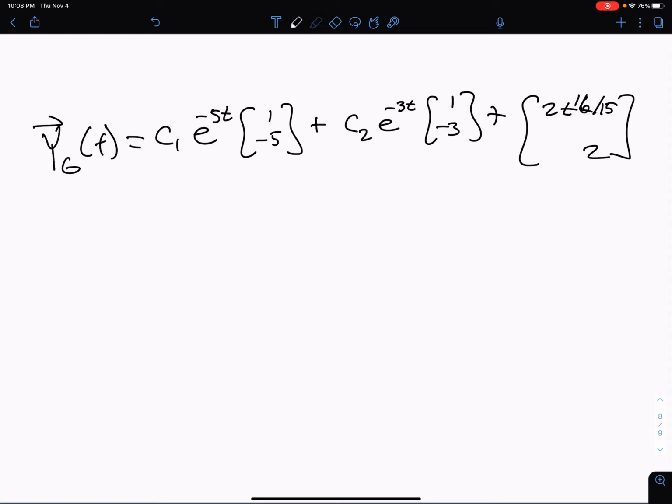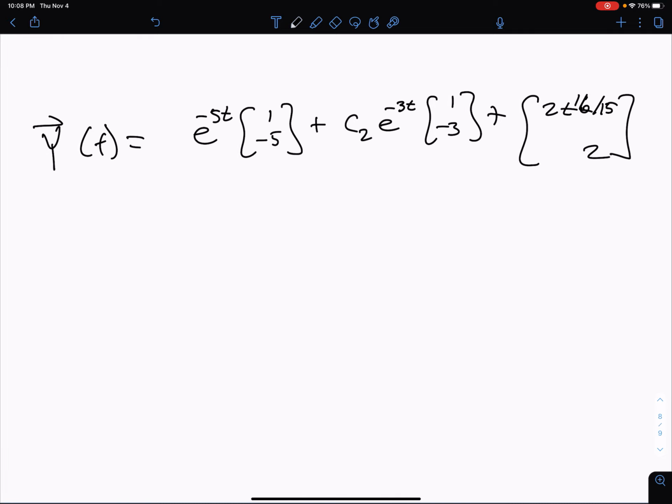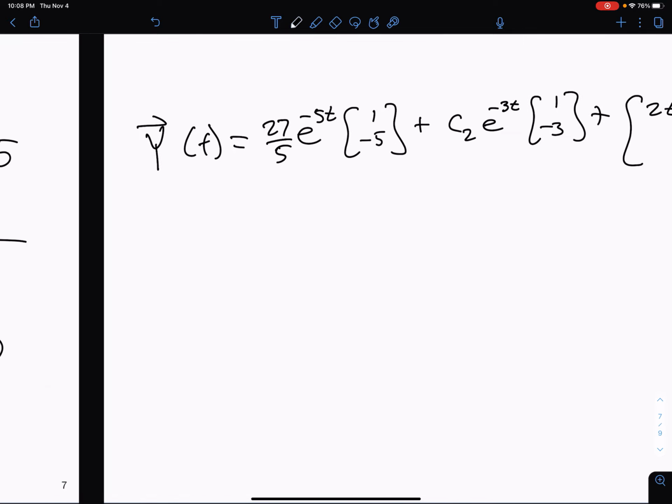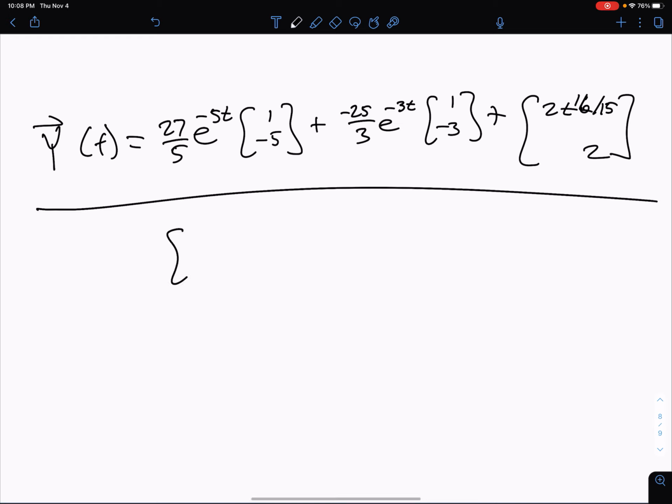And I can call this not the general solution anymore, but the actual solution. And I just have to replace C1 with 27 over 5. And I have to replace C2 with -25 over 3. And that should start out at position -4, velocity 0 as the initial condition.